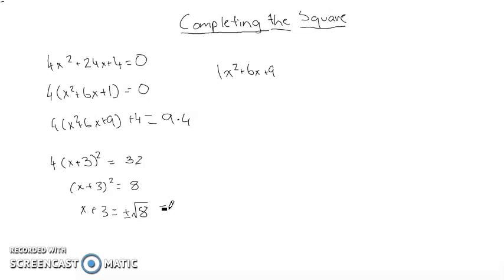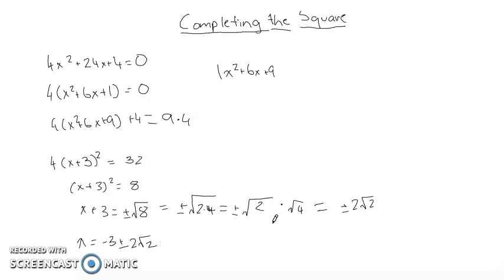But look, it's not simplified, because the square root of 8 can be written as square root of 2 times 4, which is the square root of 2 times the square root of 4, which is 2 root 2, because the square root of 4 is 2. So we get x equal to negative 3 plus or minus 2 square root 2.